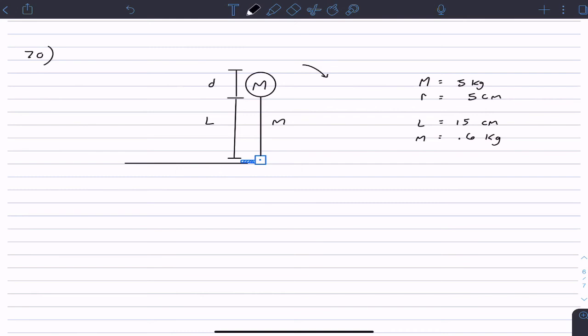So if we just consider basic conservation of energy here, we are going to start with pieces of this system in gravitational potential. The center of mass of the rod is in the gravitational potential, so it'd be mgh, where h is the center of mass. And then this thing is going to have its own gravitational potential.